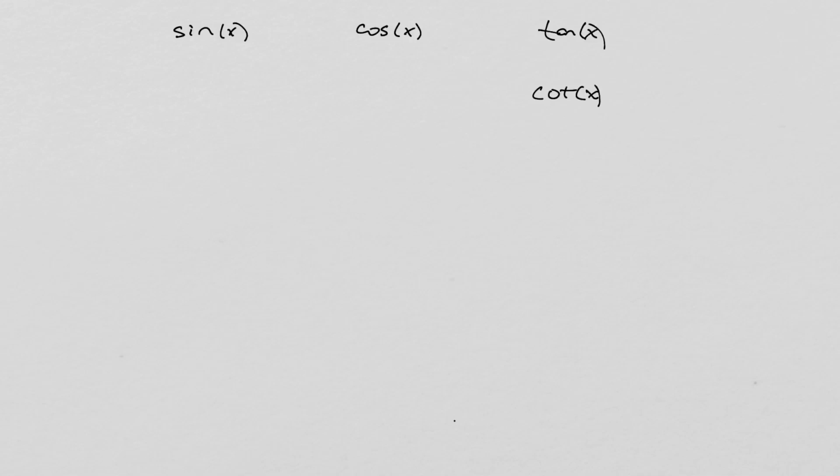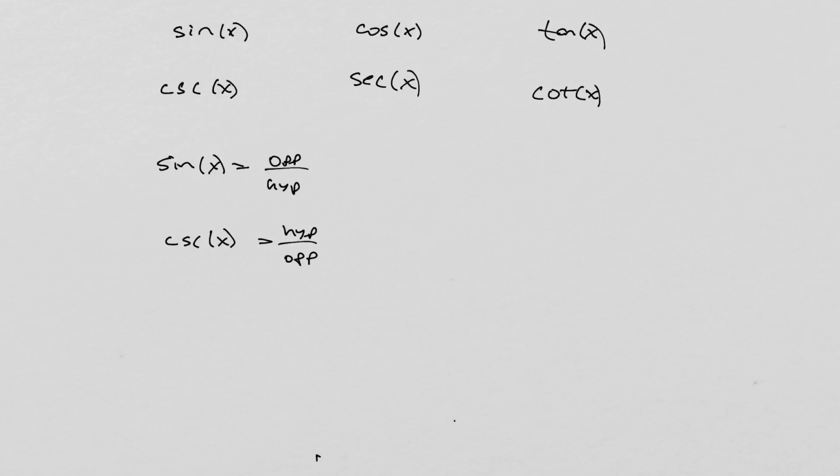We've got the same thing for sine and cosine. If you take sine and flip it over, that's called cosecant of x. If you take cosine and flip it over, that's called secant of x. So if sine of x is the opposite over the hypotenuse, then cosecant of x is the hypotenuse over the opposite side.